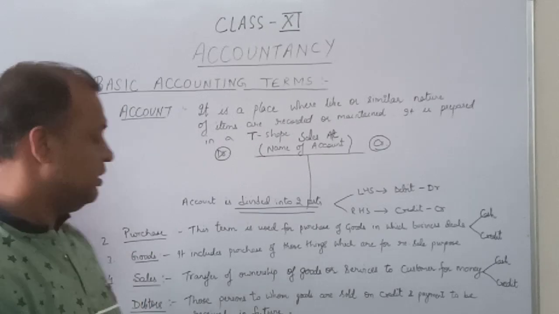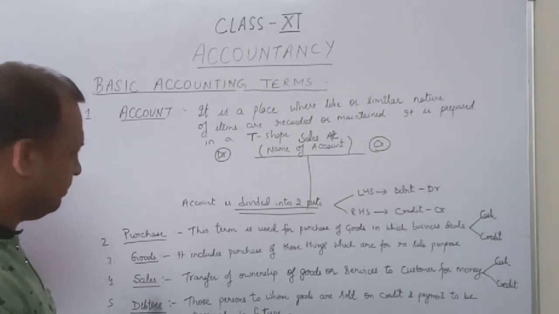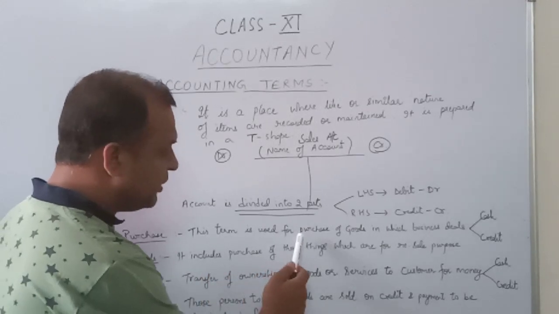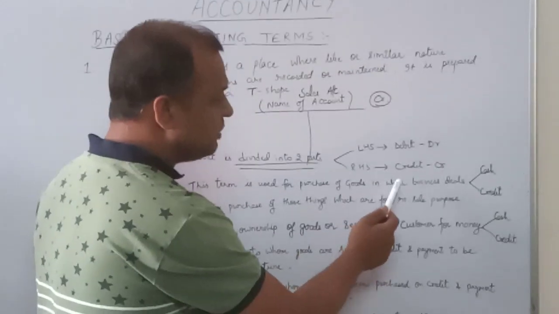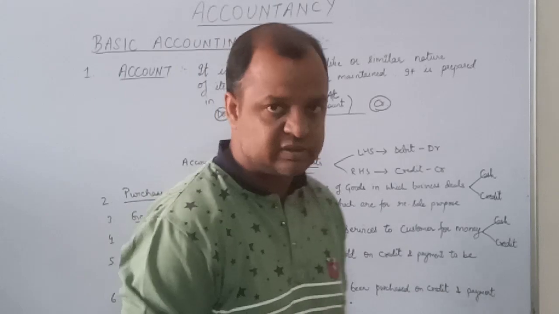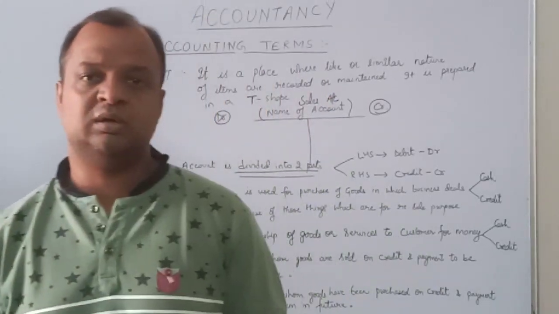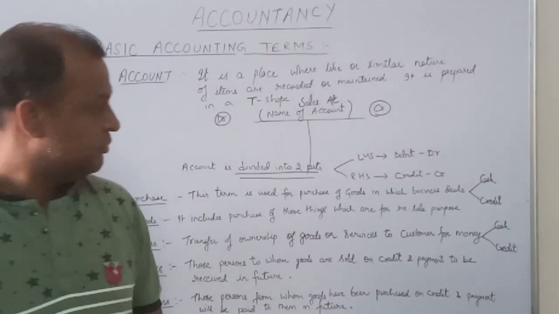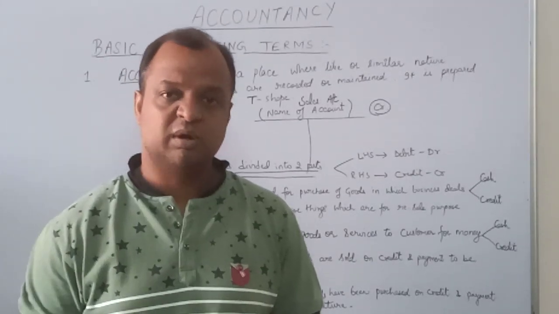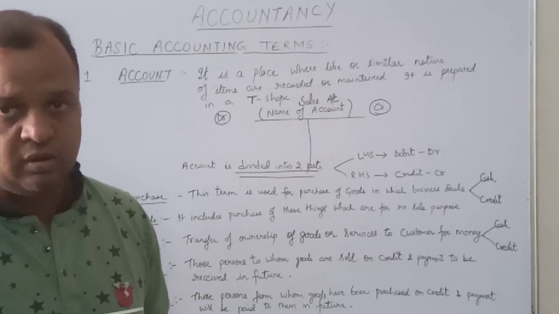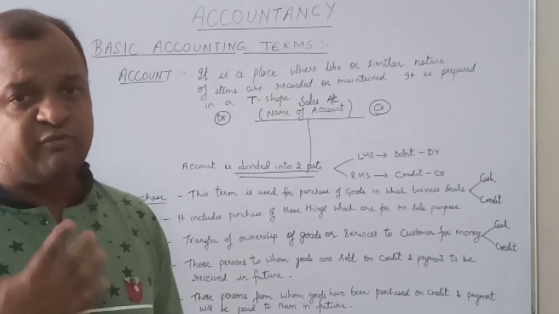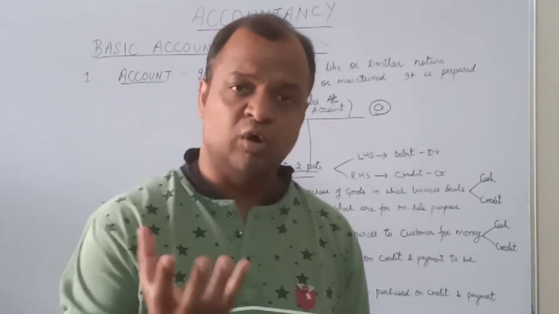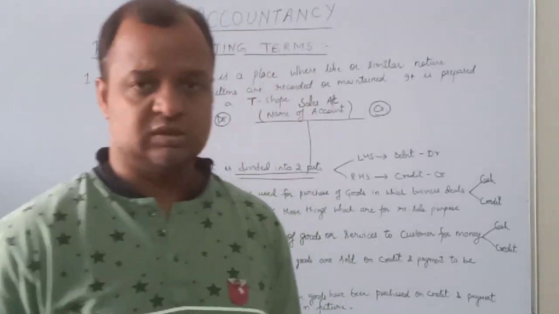Okay. The second term is purchase. The term is used for the purchase of goods in which a business deals. Suppose I am a business dealer and I deal in furniture. That means my business is a furniture shop. So try to understand, if my business is a furniture shop, what could be my items for that furniture business?